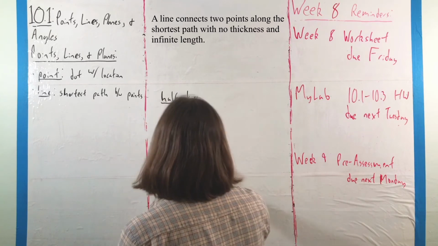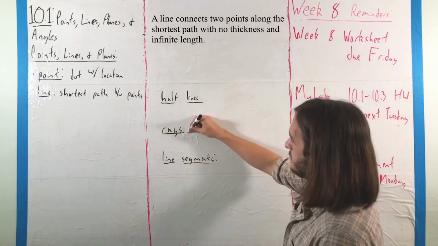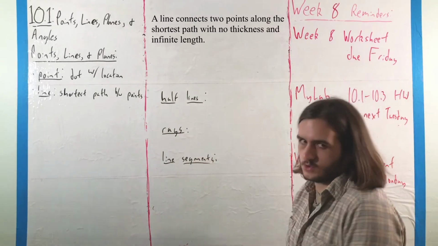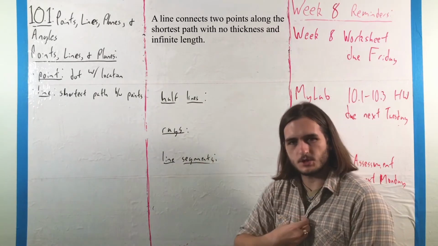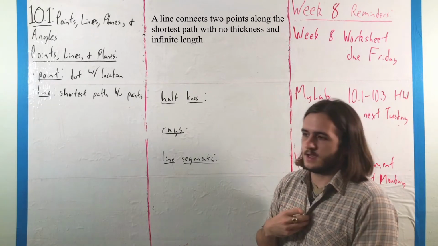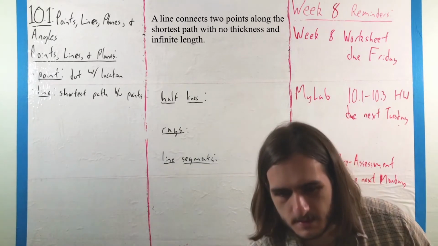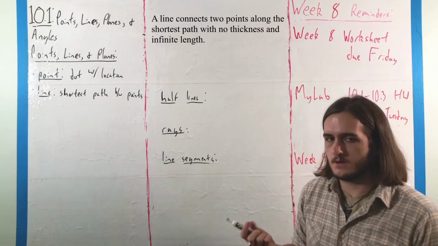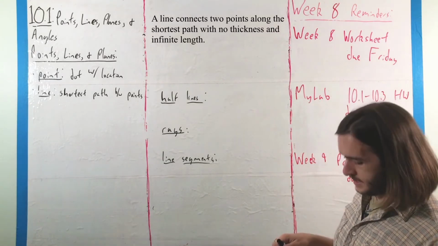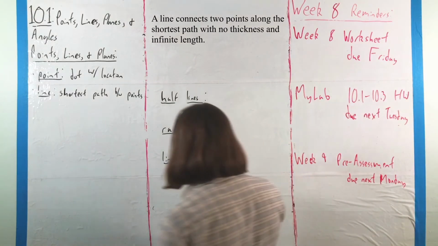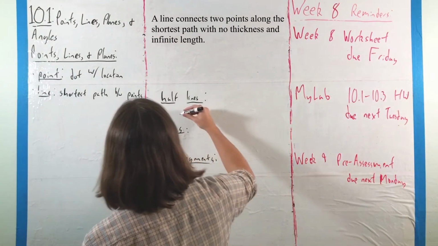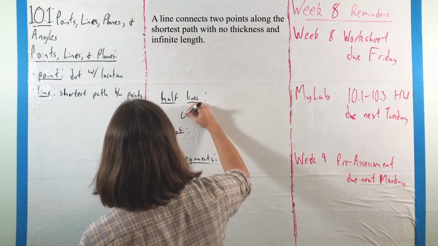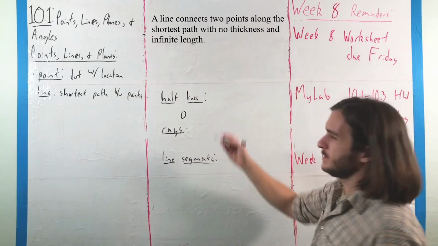where rather than writing out a definition for these, the easiest thing to do really is to just draw a picture of each. And that's the nice thing about this geometric stuff, a lot of times the definitions make them sound a little bit more intense, a little bit more exacting than they are. They're pretty straightforward though. So when we're looking at a half line, what we are looking at is something where we take one point, but we don't include it.